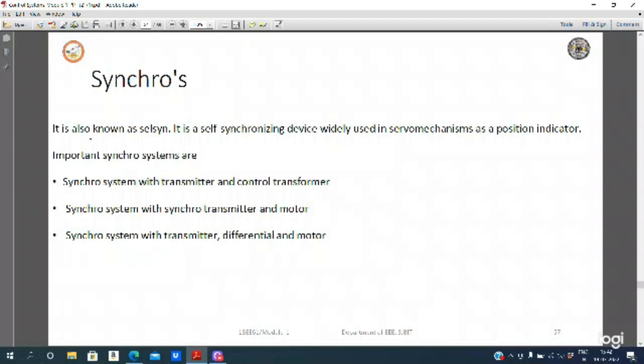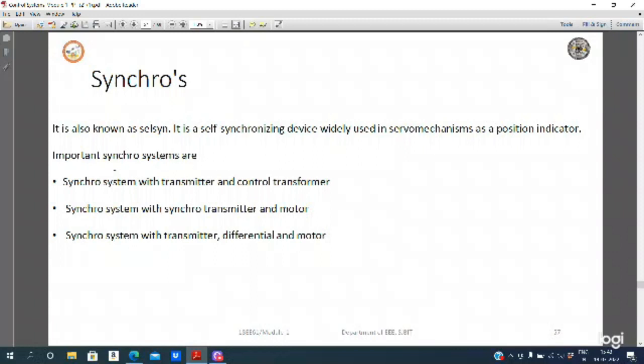Here it is also known as self-syn. It is a self-synchronizing device with the measurement of angular difference between transmitter as well as receiver. It is going to self-synchronize with the help of feedback networks, and is widely used in servo mechanisms as a position indicator.